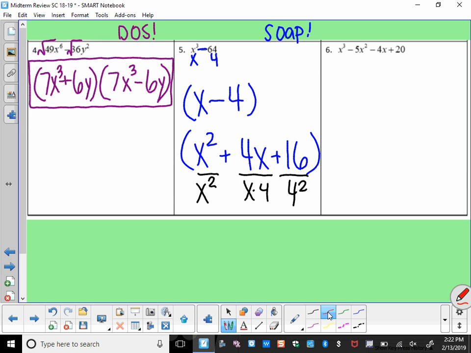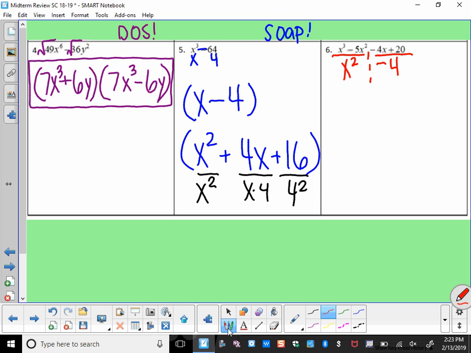Number 6. When I have 4 terms, what do we do? Grouping. We group it, so we have to draw a dotted line. On the left side, my x squared. On the right side, my GCF is what kind of 4? Be careful there. If it starts with a negative, like this negative 4 does on that side, you have to keep it.